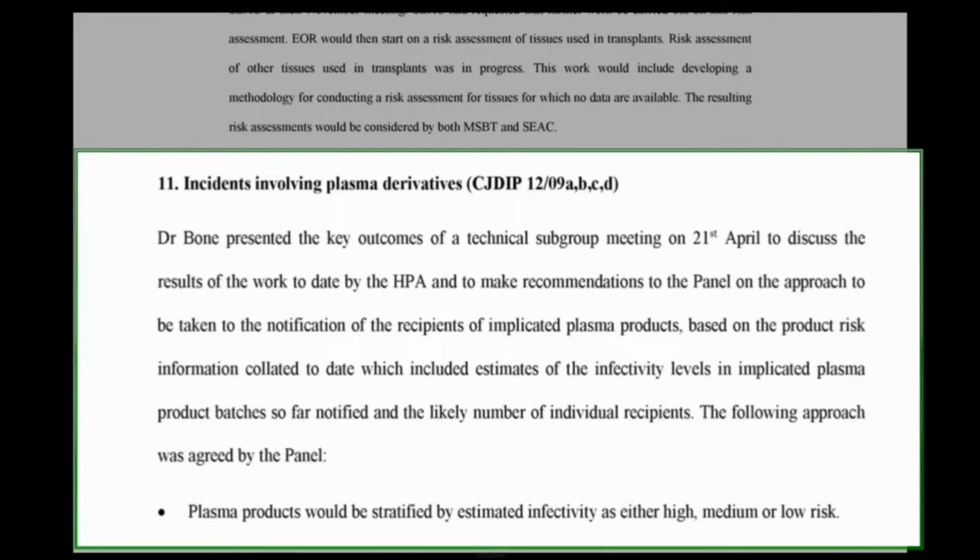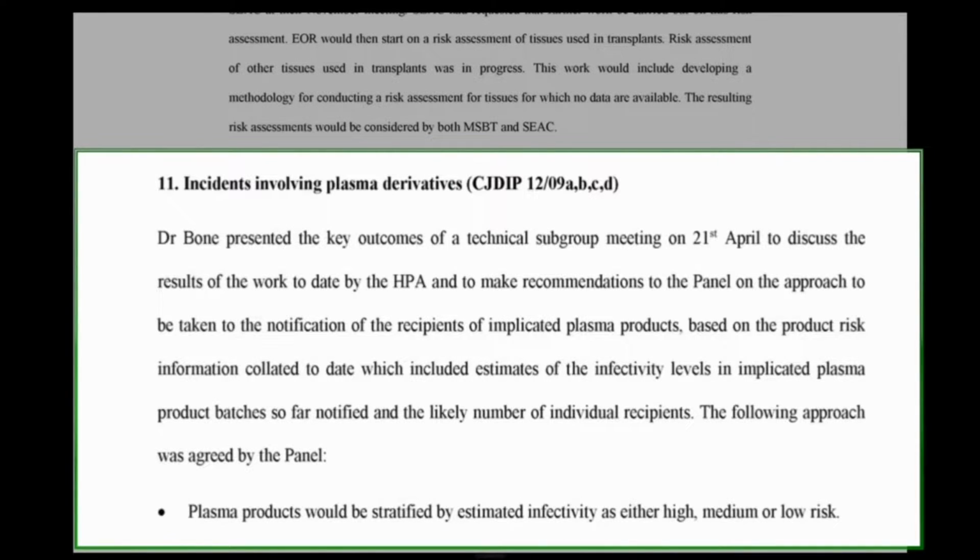Dr. Bone presented the key outcomes of the technical subgroup meeting on the 21st of April, which I believe you attended as well, which for the transcript is DHSC 304206_072, to discuss the results of the work done to date by the HPA and to make recommendations to the panel on the approach to be taken to the notification of recipients of implicated plasma products based on the product risk information collected to date, which included estimates of the infectivity levels in implicated plasma product batches so far notified and the likely number of individual recipients.